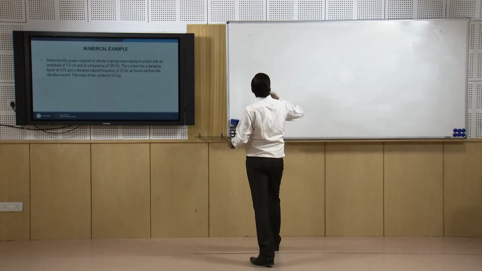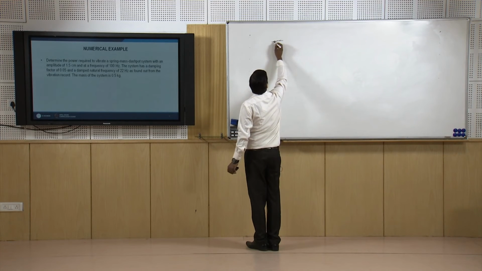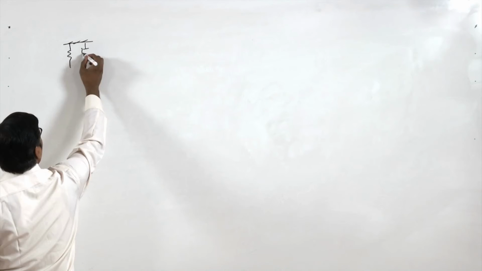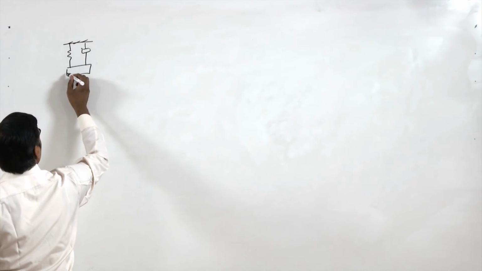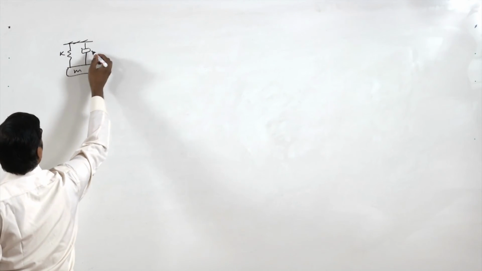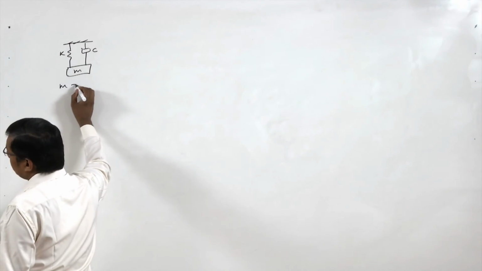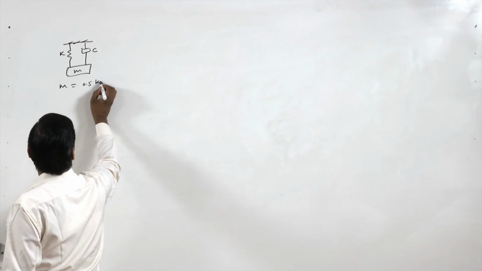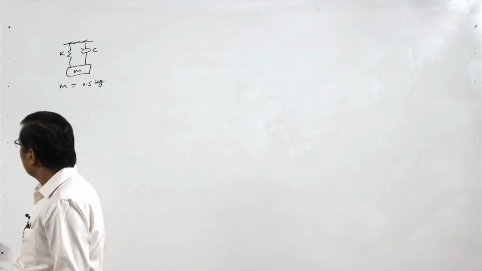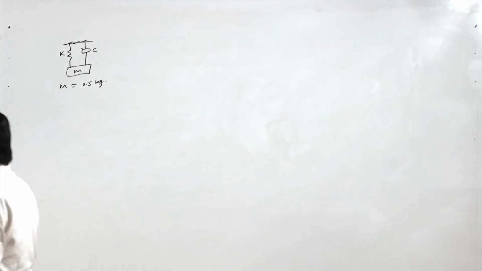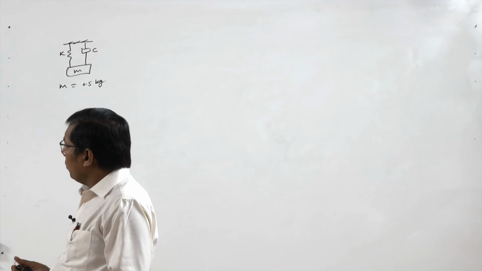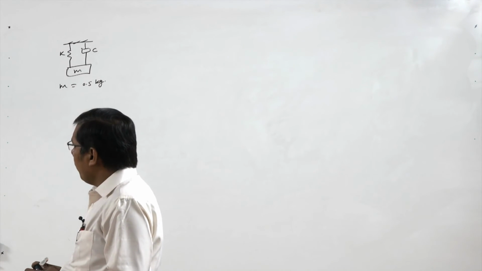So we have a system, so this is our spring-dashpot-mass system. Here mass is given 0.5 kg. We need to determine the power required.